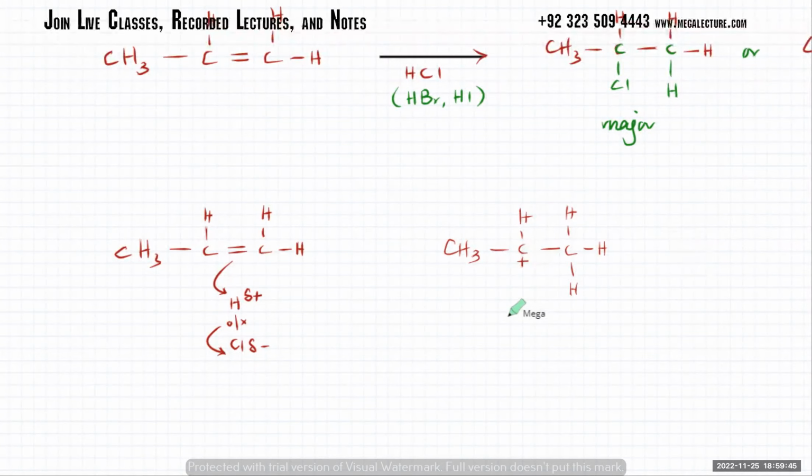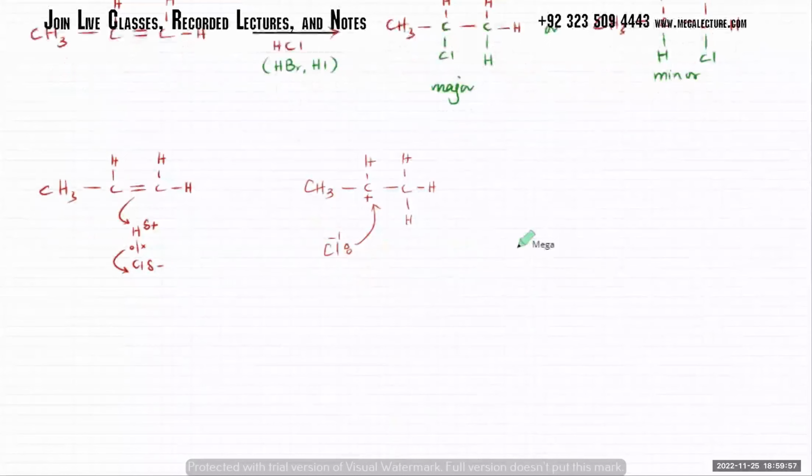In the next step, the Cl minus will come in with its electrons and be attracted to this carbon atom, and your product, the major product, is going to be formed.